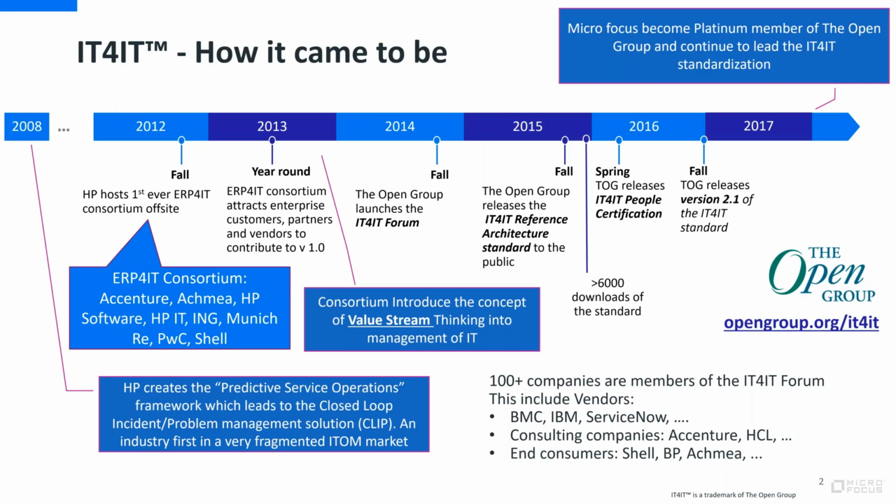Not waterfallish, but really continuously improving what is going on. We didn't use the word continuous at that time. We didn't use the word agile at that time because, well, that wasn't a buzzword that was used then, but it was nevertheless really what we were doing.